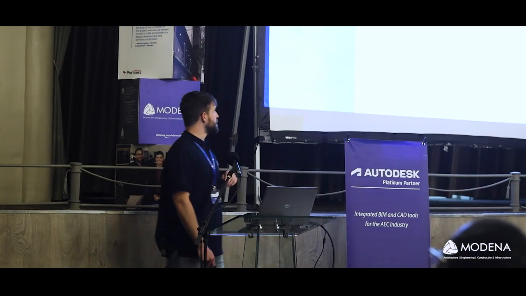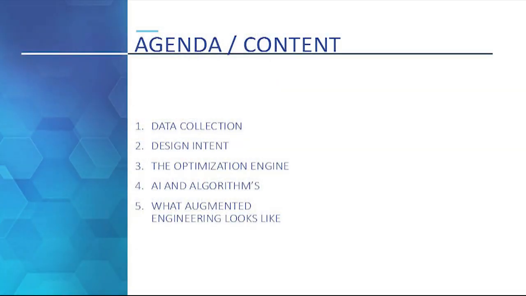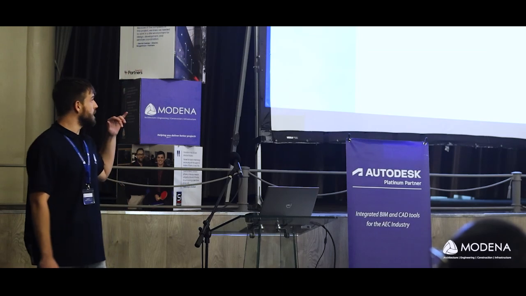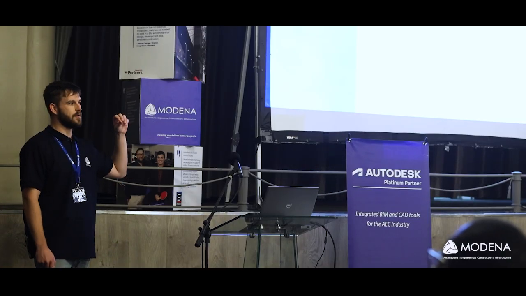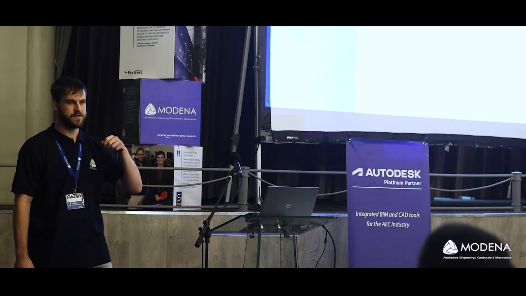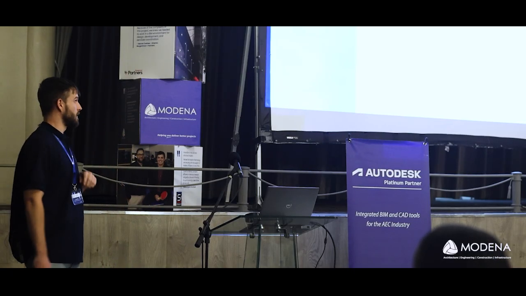Looking at the context today, when we look at the grading optimizer, we still have very fundamental AI elements that we are looking at. Starting off with our data collection, making sure that we look at clean, clear data, then the design intent, breaking down the logic of how the AI is going to utilize our design elements within the application model space, and how they interact with one another.